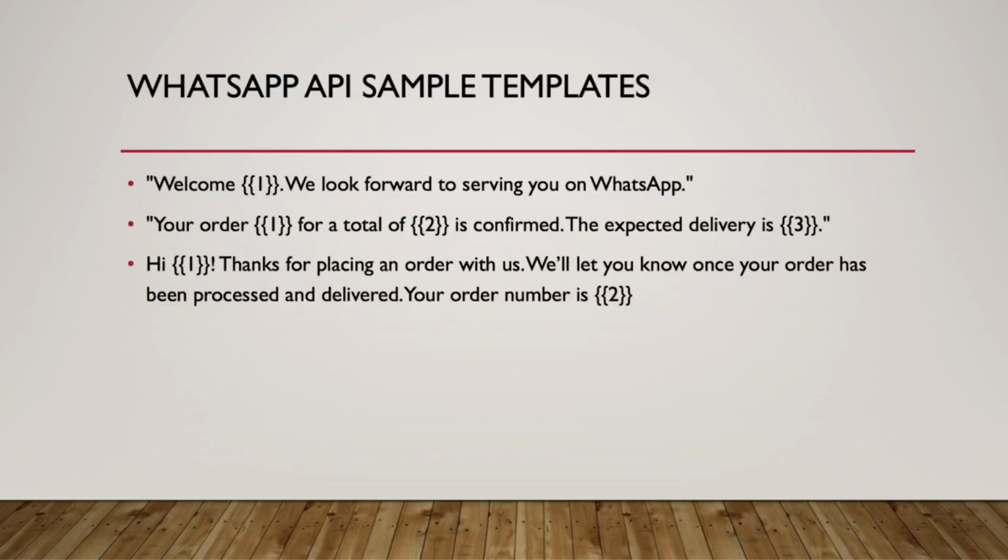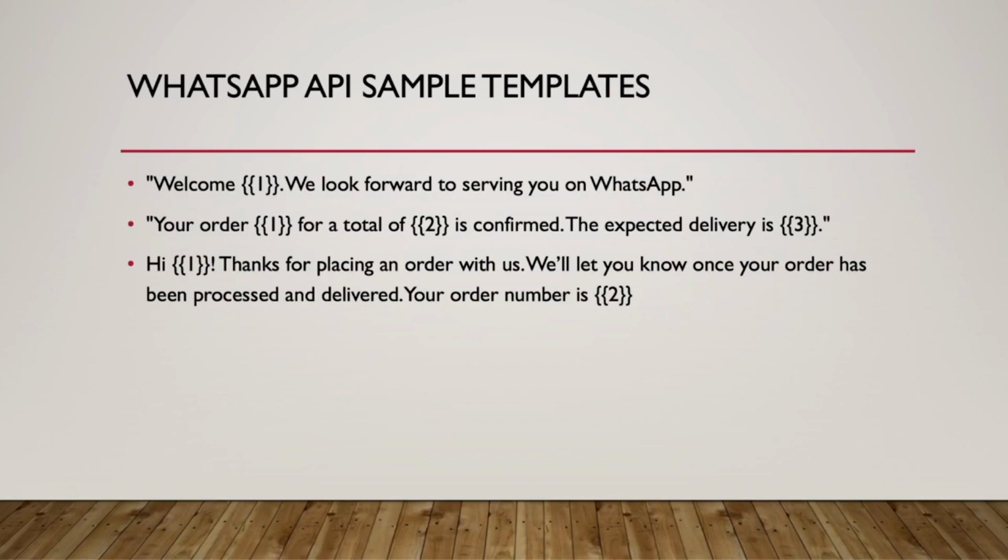How a template looks is on this slide. Welcome {{1}}, we look forward to serving you on WhatsApp. The {{1}} will be replaced by the user name or something. Next is, your order {{1}} for the total of {{2}} is confirmed, your expected delivery is {{3}}.